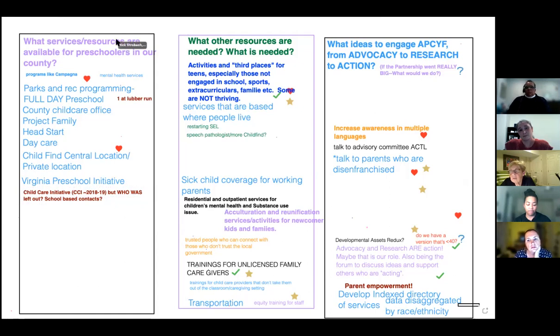What's the partnership's role? Well, I think the partnership could advocate for, maybe it's not the CCI anymore, but another group of people who are dedicated to targeting this. And I think like we did before, because I see a lot of crossover between the CCI and the partnership.